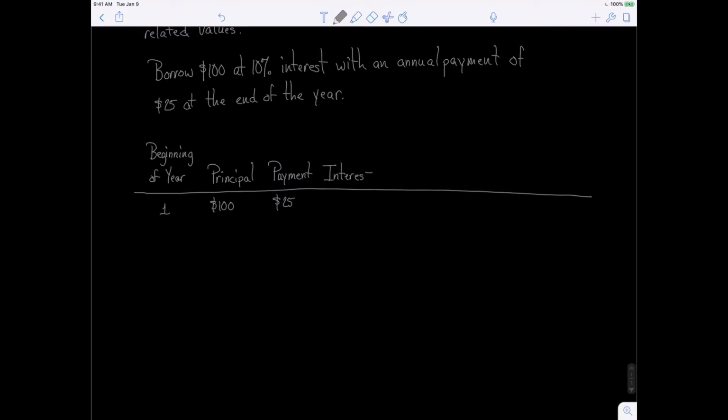So we're going to do some scratch work here. Notice that we borrowed $100, so I'm just using 100. The interest on the loan is 10%, which is equal to 100 times 0.10, which, when you multiply that out, the interest is $10.